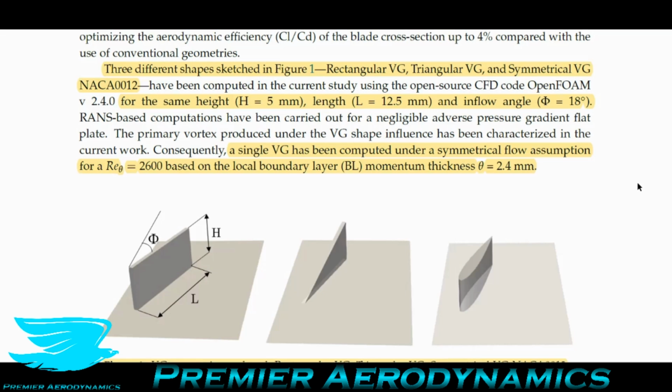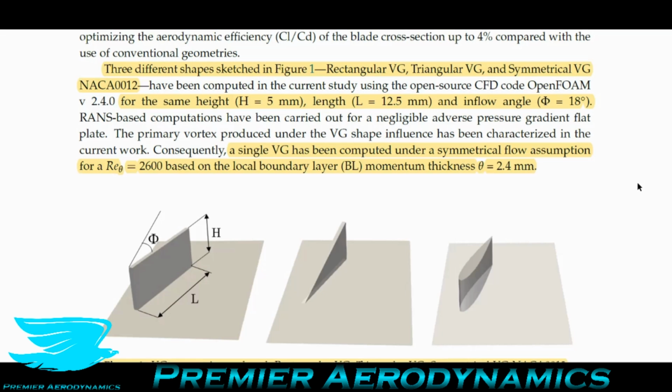When we talk about boundary layer thickness, we often just assume that we're talking about the point in the boundary layer where the velocity is 99% of the free stream velocity. As we get to that point, we say, okay, that's the thickness of the boundary layer. But that's only based on the velocity.